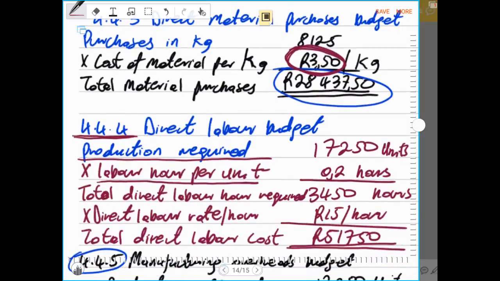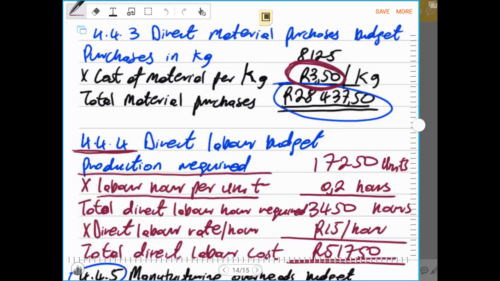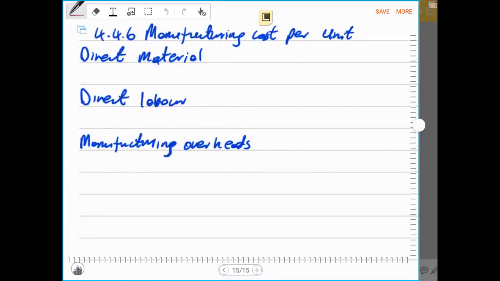So under direct material cost per unit, we say the material cost per kg is 3 rand 50 cents, based on our estimation. Then we multiply that by the required kgs, 0.5 kgs per unit, and that will give us the material cost per unit.